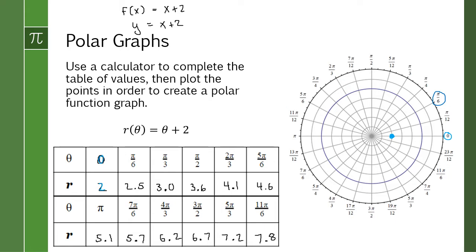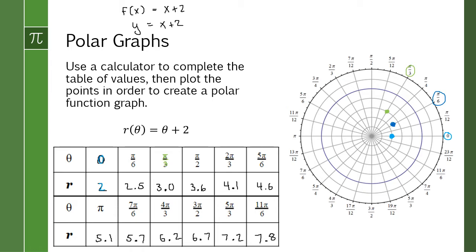So I'm going to go 1, 2, and about a 0.5 towards that angle. And then I'm going to keep going. My next point, I have an angle of pi over 3. So I am now up here and a radius of 3.0. So I'm going 1, 2, 3 units towards that point.